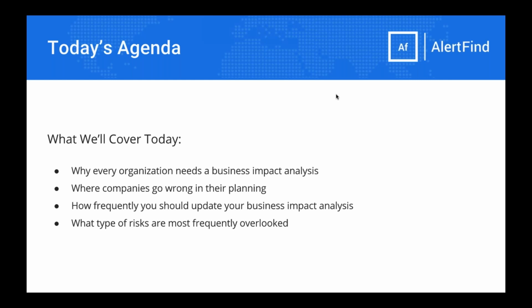How are you going to use it? And if you approach it in that way, it's going to reduce the number of areas where you're going to trip up and come up with what looks like a fantastic business impact analysis, but in reality, it's not going to work.